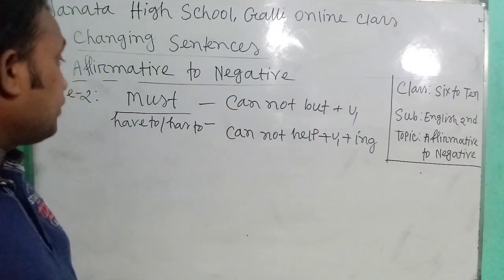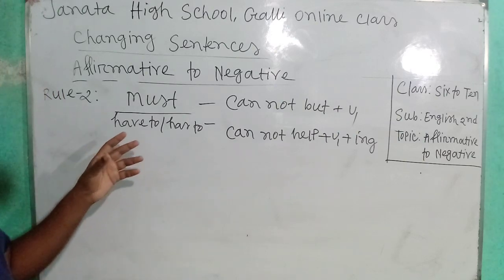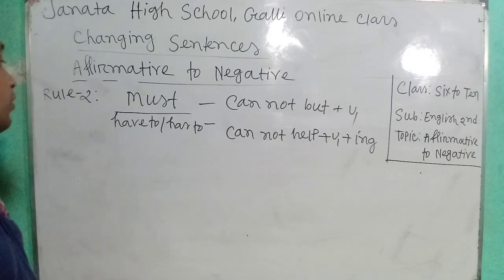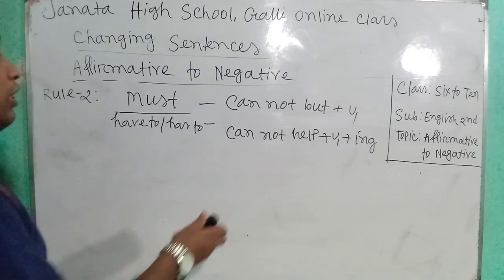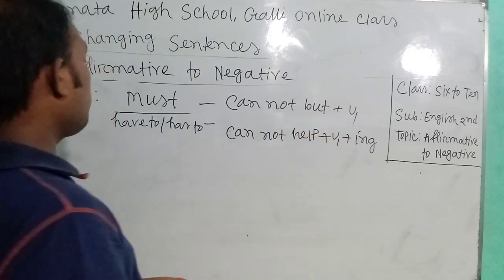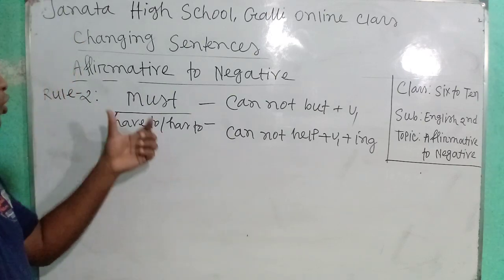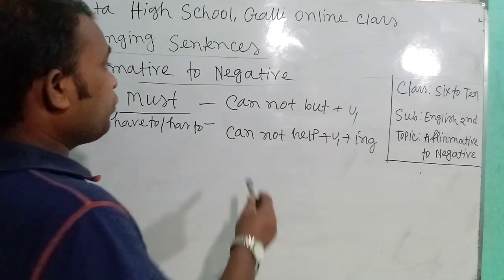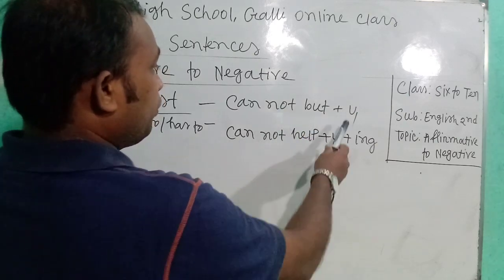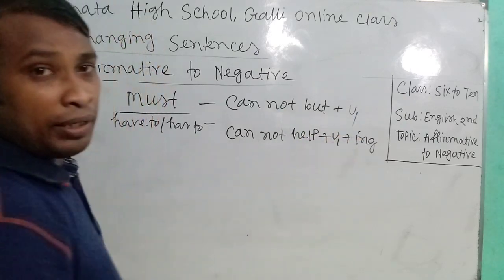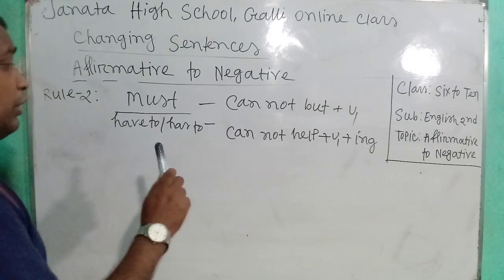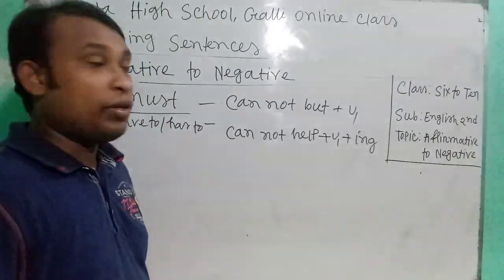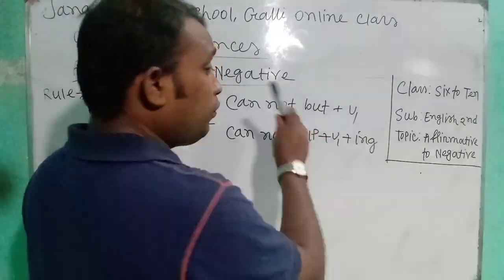Okay, dear students, if we find the word must in an affirmative sentence, we have to use cannot but or cannot help instead of the word must. If we use cannot but, we have to use the base form of the verb. But if we use cannot help, we have to add ing to the base form.